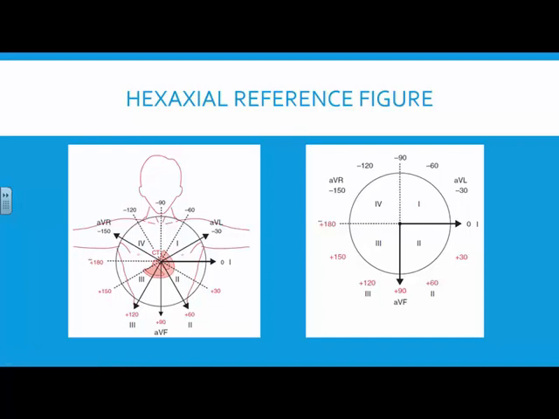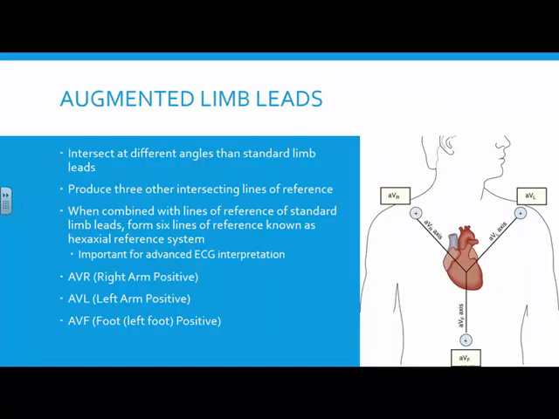Alright, our AVR, we're looking at your AVR, that's your axis there, your AVL, and then your AVF. Your big one is AVF because it's part of your inferior leads.